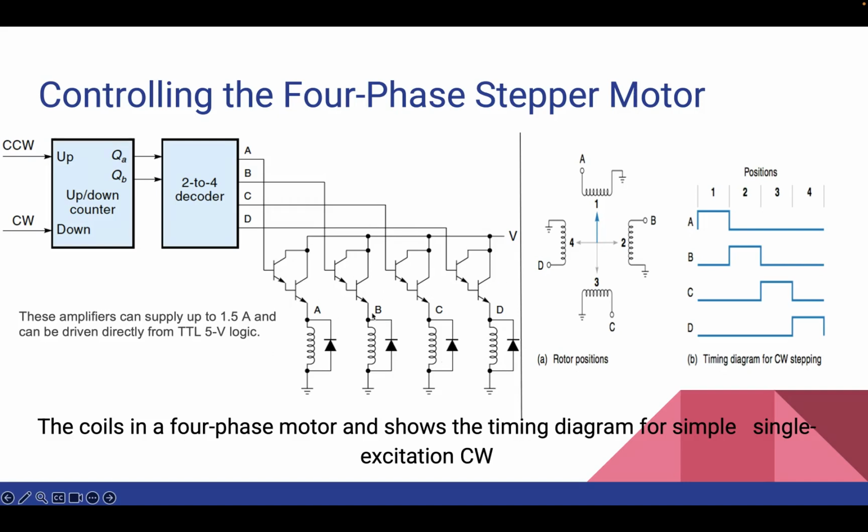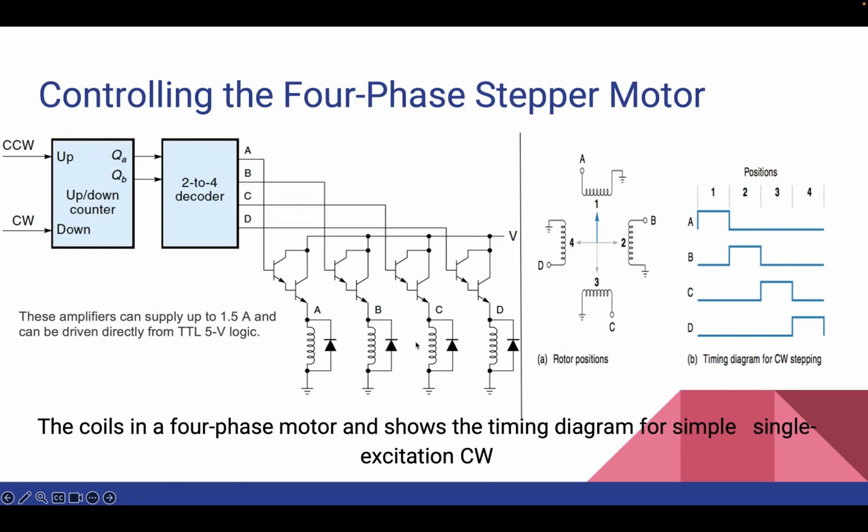The pairs of transistors that you see form the 4 Darlington driver transistors, and these transistors play a crucial role in energizing the motor coils in sync with the timing signals, this A, B, C, D, as you can see here.